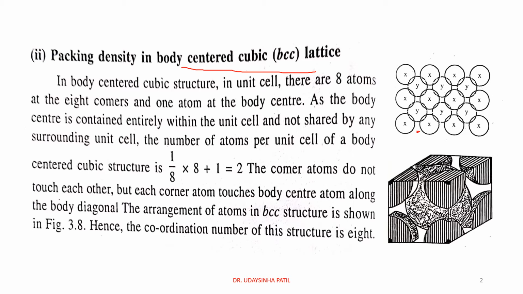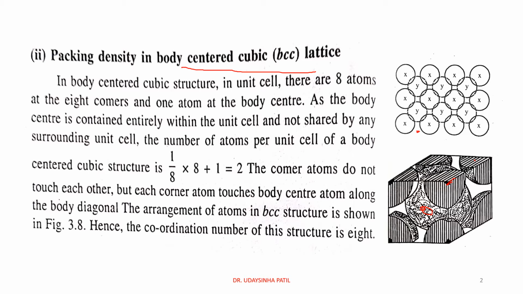Therefore, in the body-centered cubic structure unit cell, there are 8 atoms at the 8 corners and 1 atom at the body center, within the body.